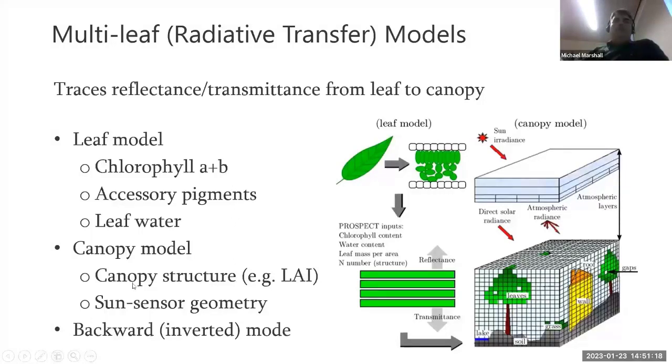The canopy model takes into account canopy structure, like leaf area index, and also the sun sensor geometry, the orientation of the sun with respect to the canopy. And then you can see here very sophisticated three-dimensional models put these reactions scaled to the canopy.